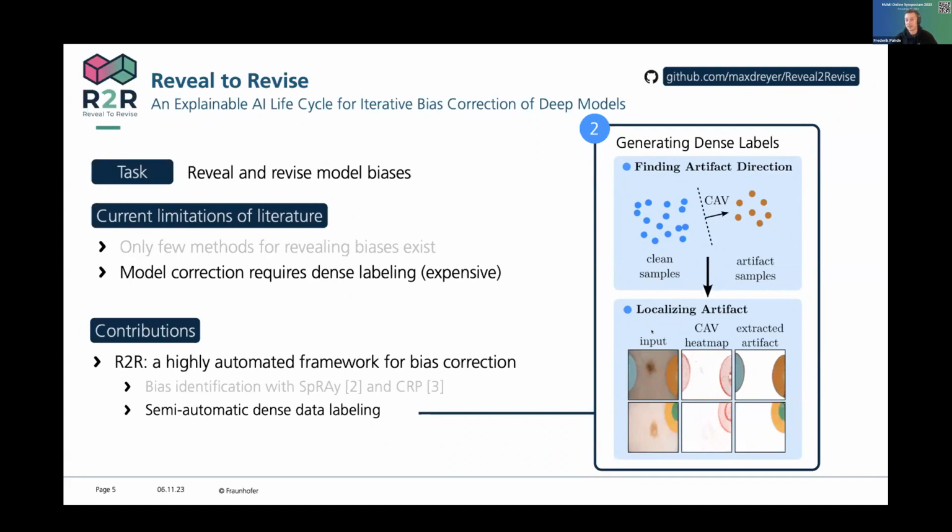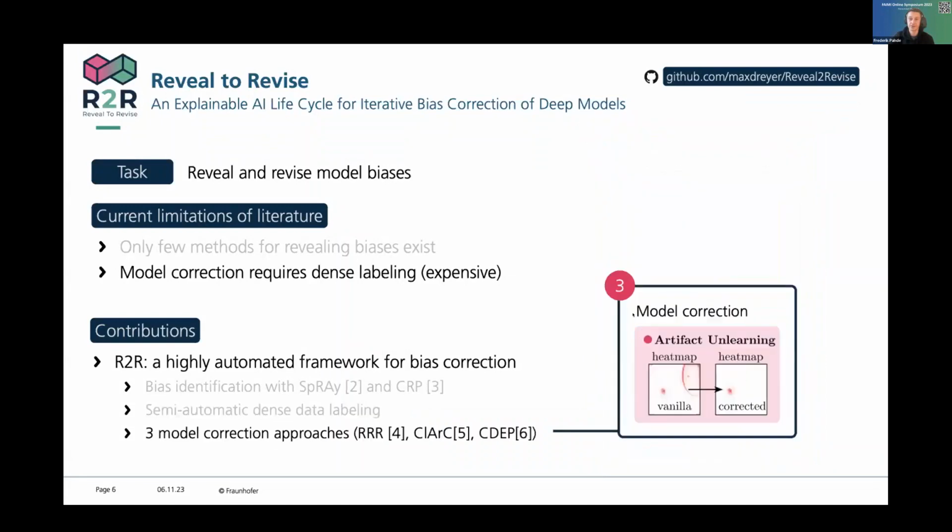So now we don't want to explain why a certain class is predicted, but we want to explain why the CAV thinks that the artifact is present. And this information can be used to extract the artifacts from the images and to have those really precise localizations or segmentation masks that are required for many correction methods.